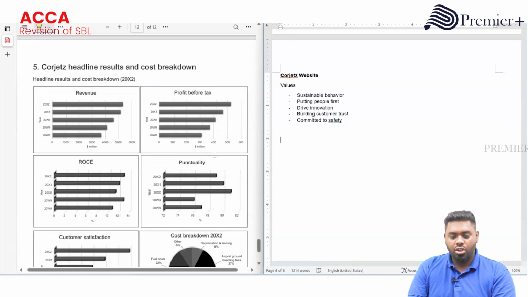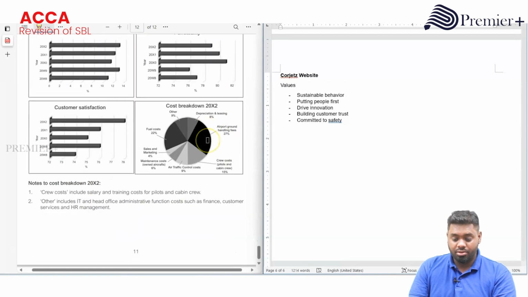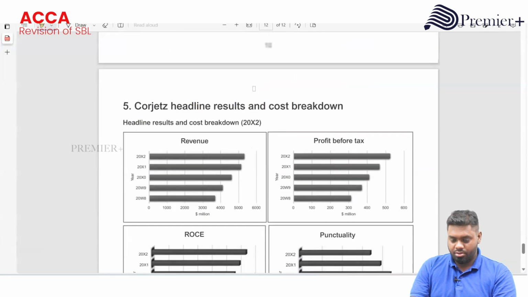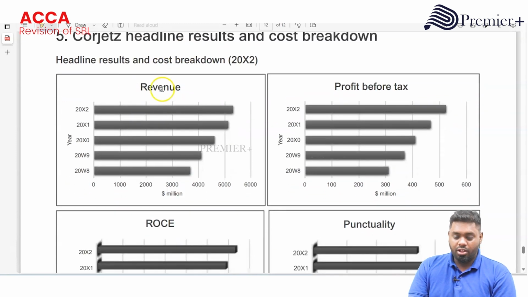Next, Cojet's headline results and cost breakdown. All right, so let's have a quick look at this. Headline results and cost breakdown for the year 2022. If you look at the revenue for the past 5 years, revenue has been growing. In 2018 it was close to 4,000, around 3,800, somewhere around that.